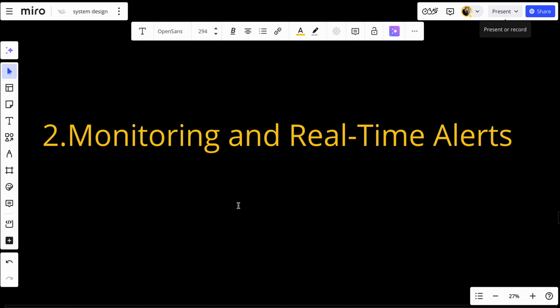For example, you can set up alerts for CPU usage, memory consumption, or error rates. If any of these metrics exceed a certain threshold, your monitoring tool will alert you to investigate and resolve the issue before it impacts users.